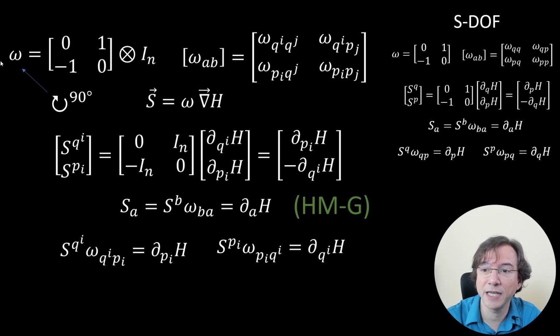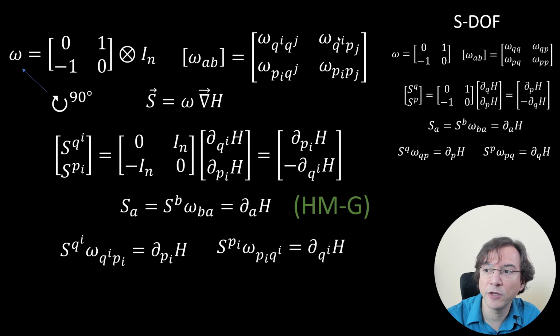We introduce a matrix omega that does a 90-degree rotation within each degree of freedom. We can also think of this matrix as being a block matrix where the QQ part is equal to 0, the PP part is equal to 0, and the mixed QP and PQ parts are equal to the identity or minus identity.